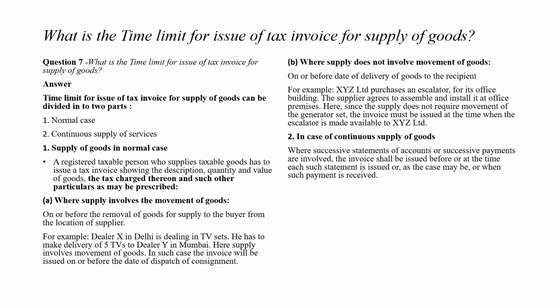The supplier agrees to assemble and install it at the office premises. Here, since the supply does not require movement of the generator set, the invoice must be issued at the time when the generator set is made available to XYZ Limited.